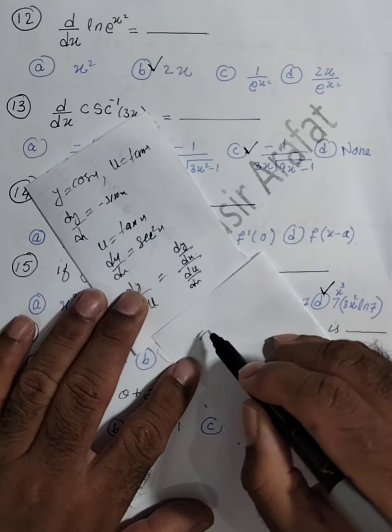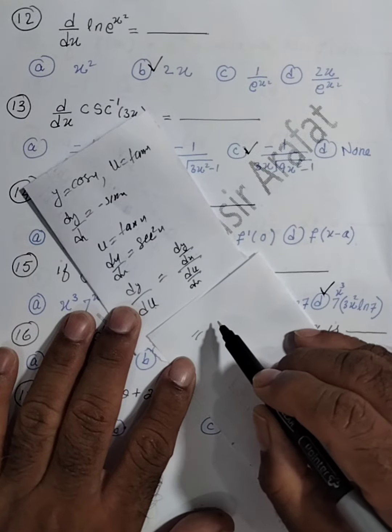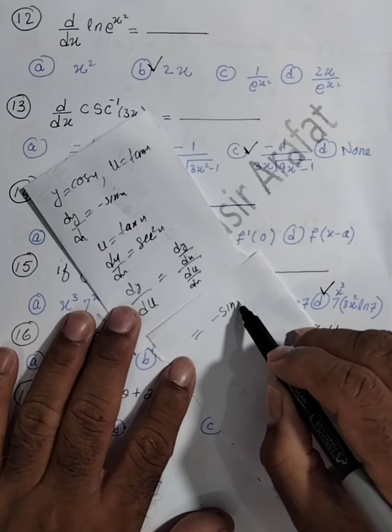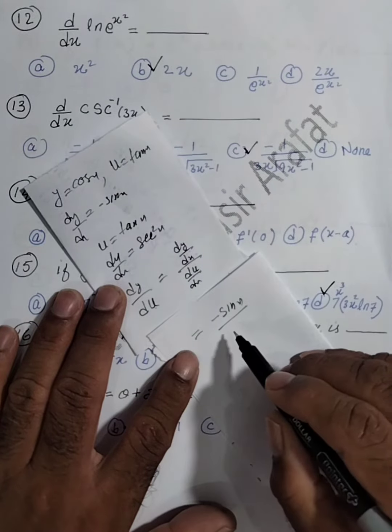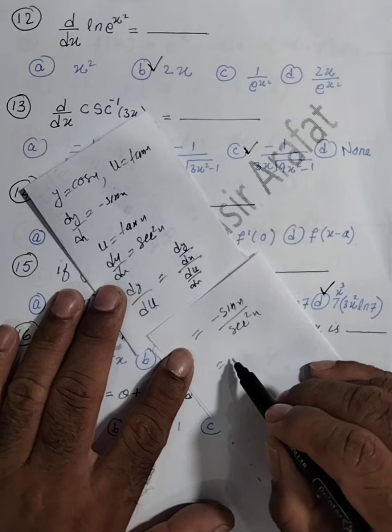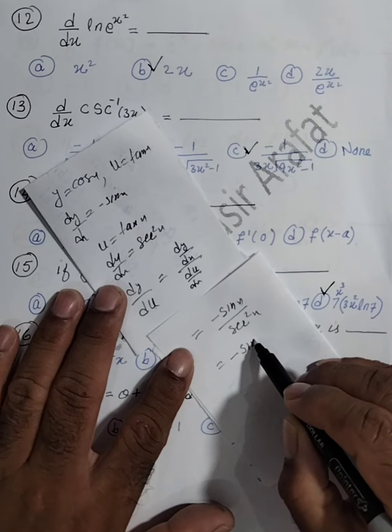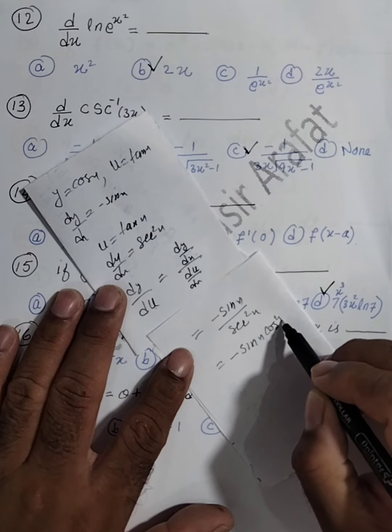This is dy over dx, here minus sin x, and whole divided by du over dx, that is sec square x. So this is minus sin x times 1 upon sec square x, that is cos square x.